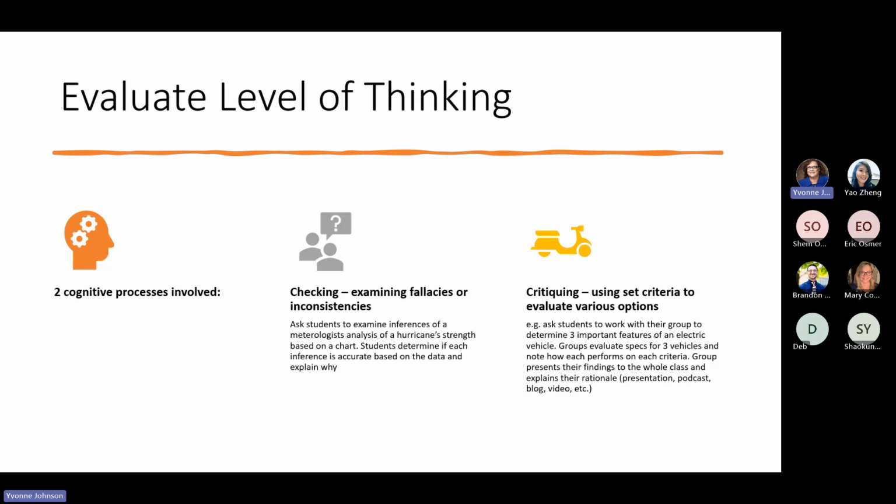Critiquing is another way to have students utilize that evaluative level of thinking. They would have certain criteria for critiquing, and then they would need to critique these different, maybe electric or hybrid vehicles, as an example, and then be able to present their findings and show the evidence.